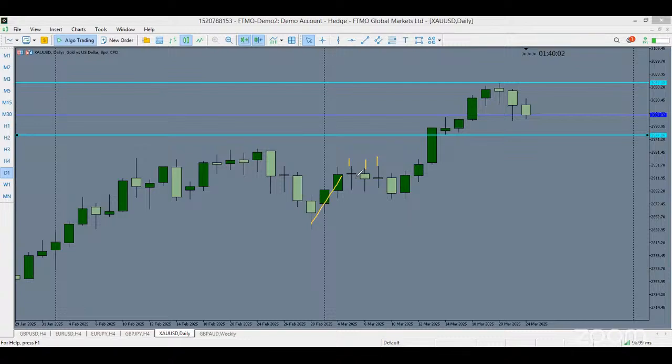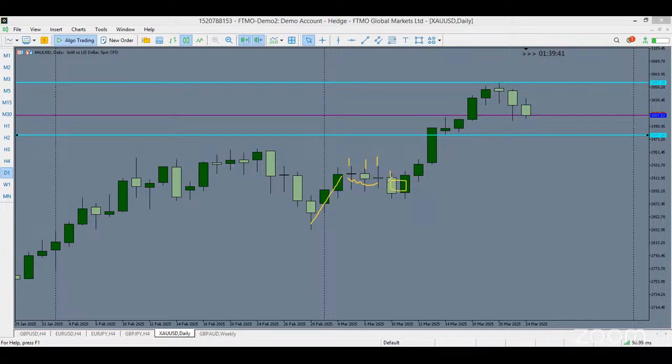The price is just hesitating. It doesn't know what it wants to do yet. The buyers and the sellers are still at equilibrium, so nobody is winning the battle. It's just going sideways here. Then by the time it gives you this bearish candle, I'll be tempted to take a sell.